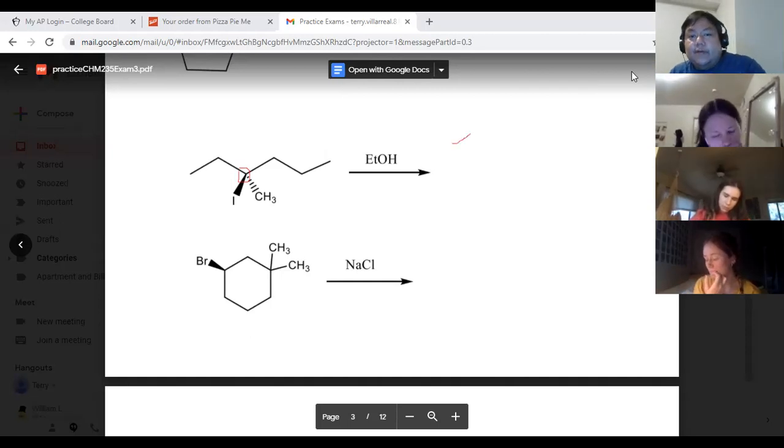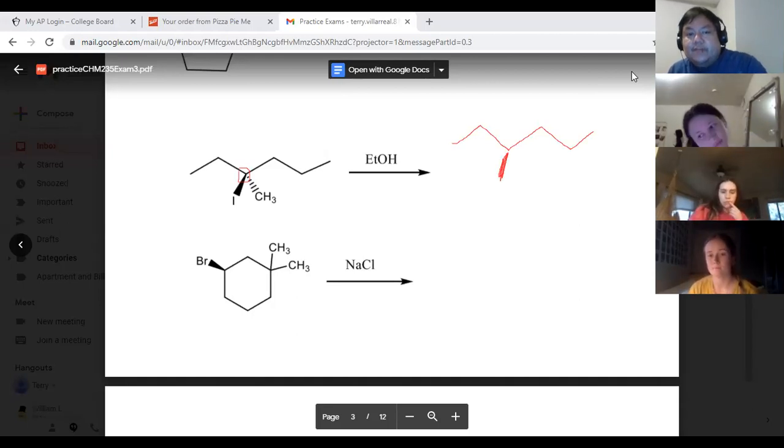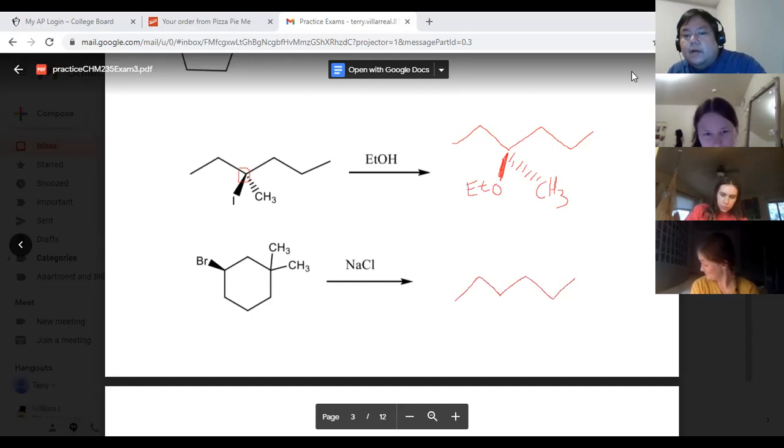So in this case, we are going to just draw our parent chain. And we are going to have one answer where we retain the stereochemistry. So this is going to be the OEt on a wedge. And the methyl is still going to be on a dash. But then we're going to get one where we flip. And Mags, I think this is what you were talking about. What if we just flip like this?